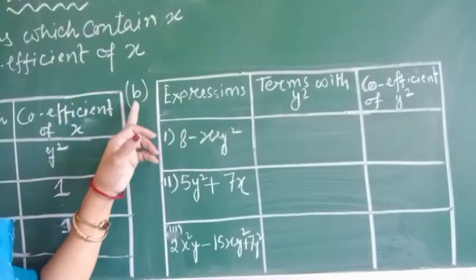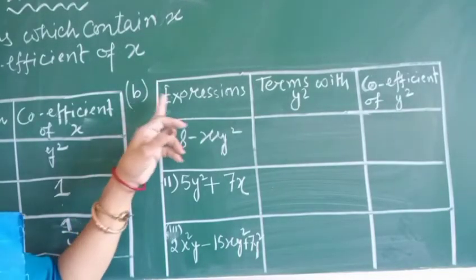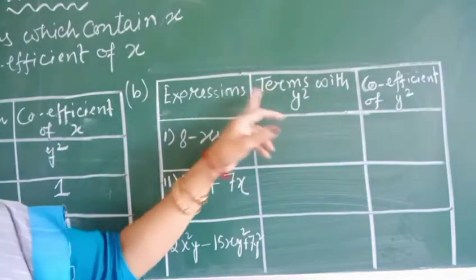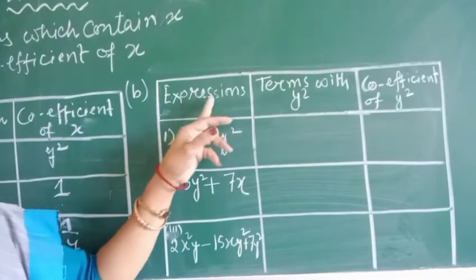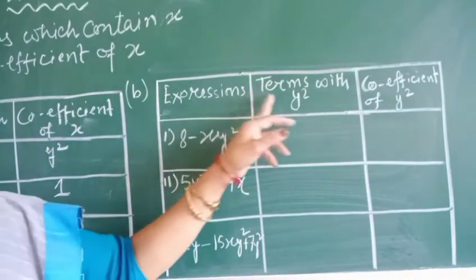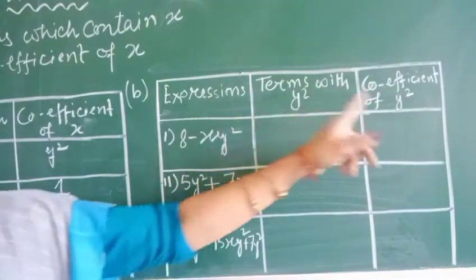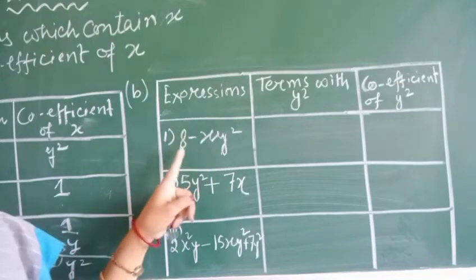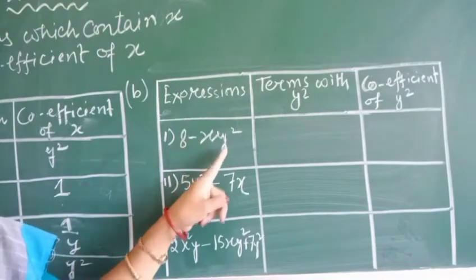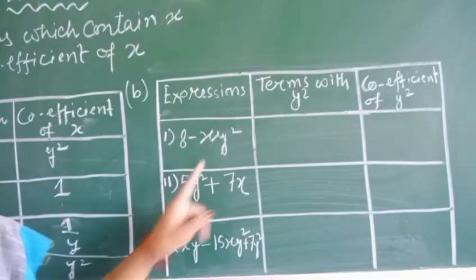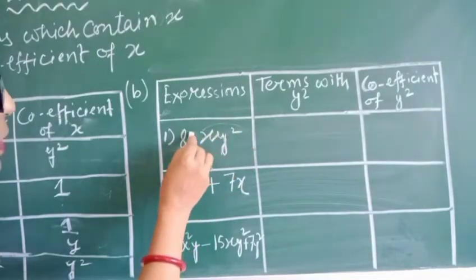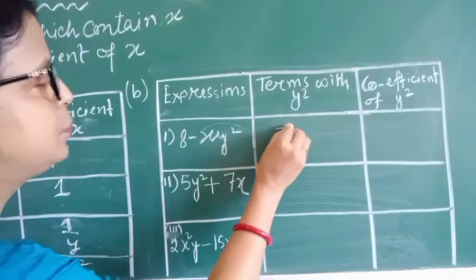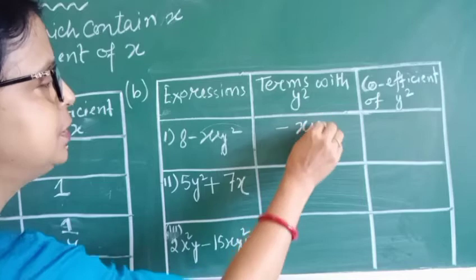Next question is question number b. Here you have to find, from an expression, the terms with y square and the coefficient of y square. So for terms with y square, find out 8 minus xy square. Which term is containing y square? Yes, obviously this is minus xy square, so I have to select the sign also, minus xy square.